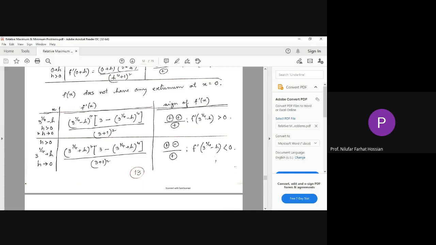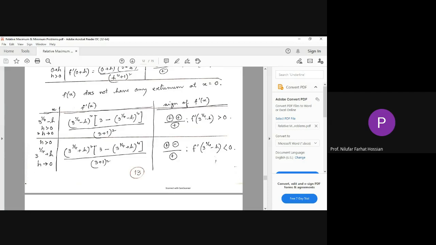So this is a whole square. Definitely it will be a positive number. And what happens here? You see, h is a very, very small positive number. So this number will be less than 3 to the power 1 by 4. So if you subtract something positive from this, it will be less than 3.